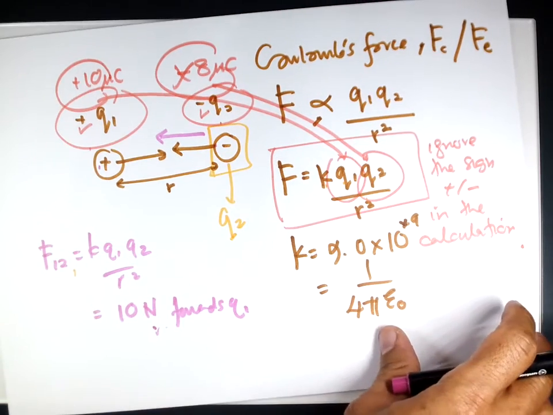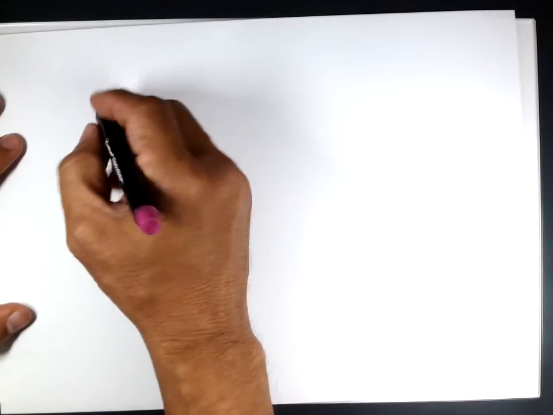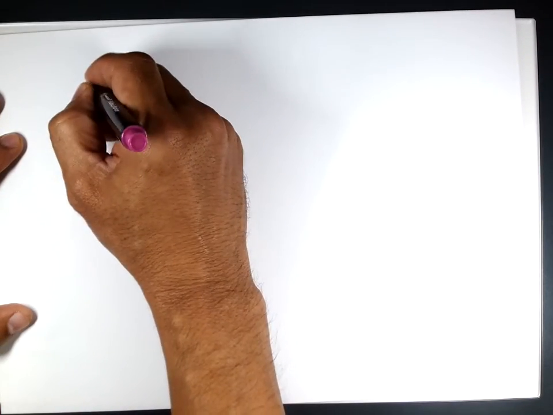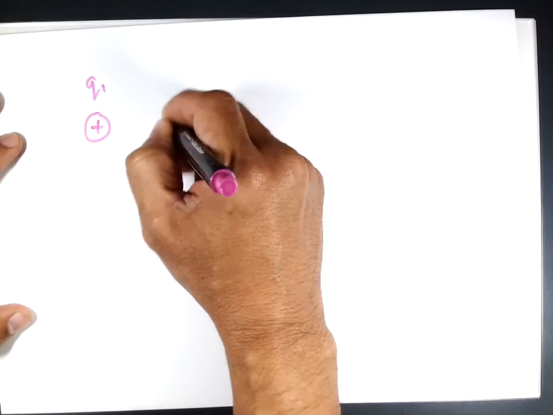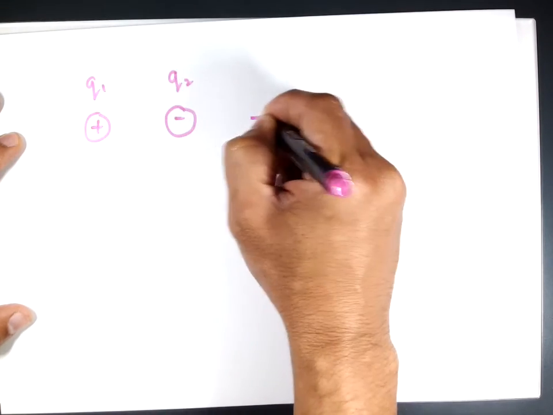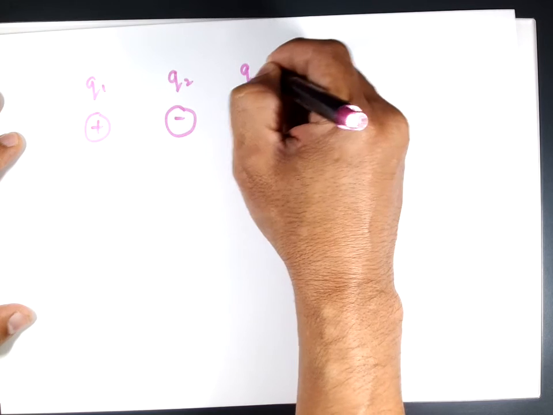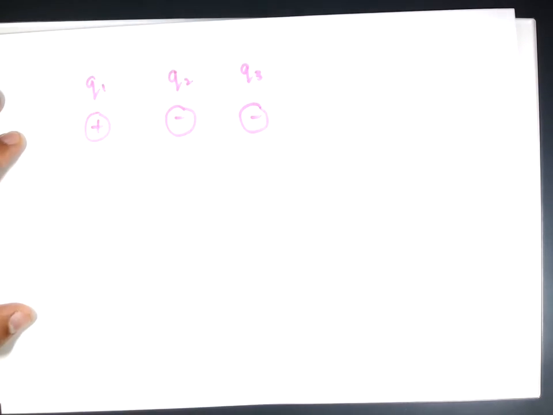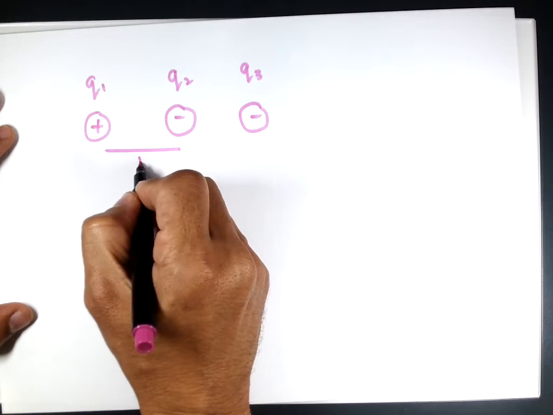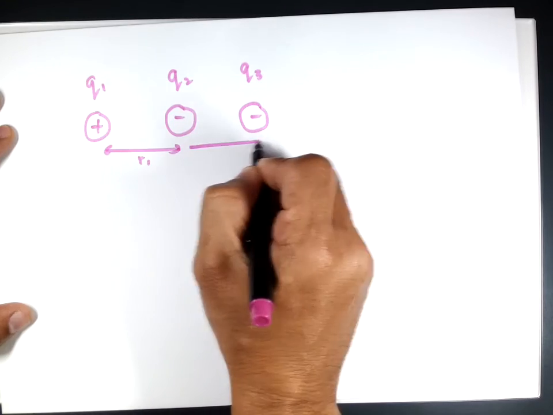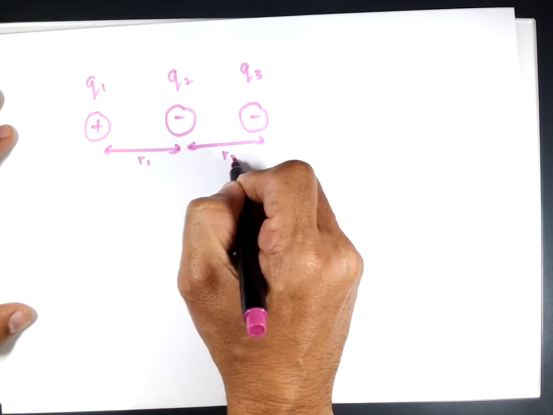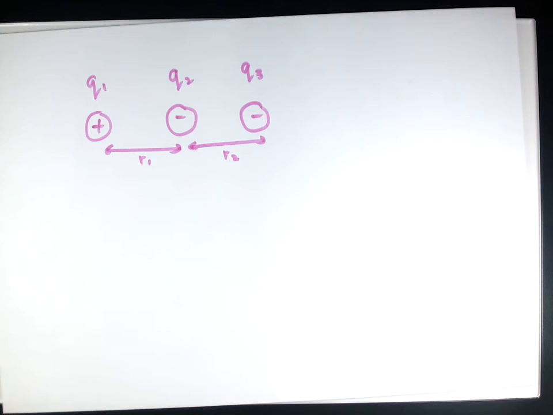Okay, now let's say I have 3 charges in a straight line. So I have positive Q1, then I have negative Q2, then another negative Q3. Okay, so let's say this is R1, this is R2. So the question now is, calculate the net force on charge Q2.